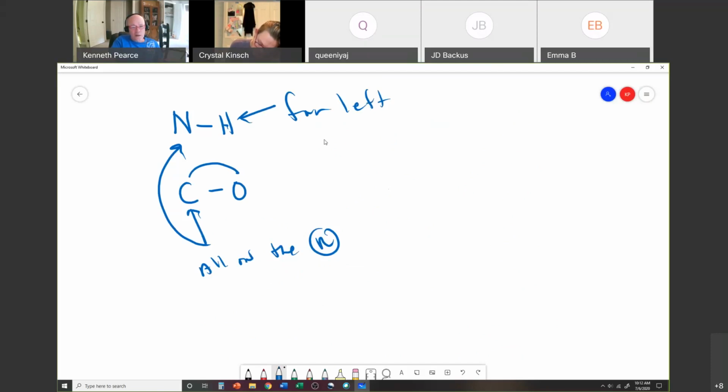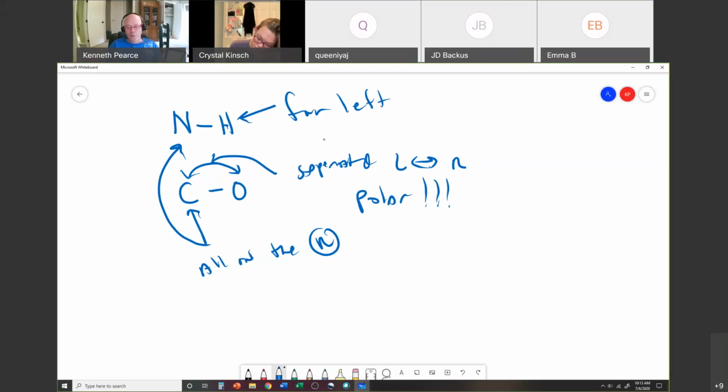But these guys right here, these are separated left to right. Now this goes back to the electronegativity, electron affinity, ionization potential. You know, if you saw the numbers differed from left to right. So these guys right here would definitely be polar bonds. Both of these are polar.